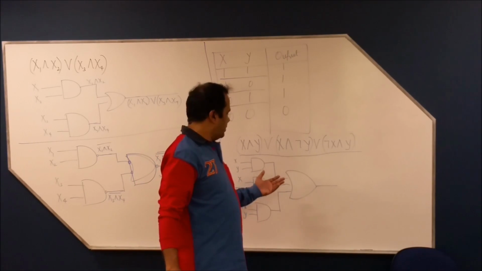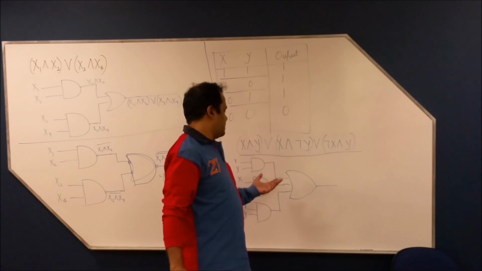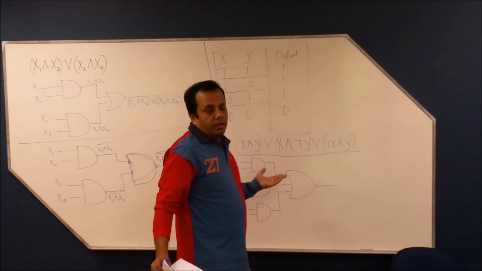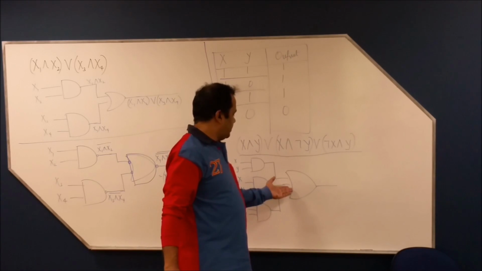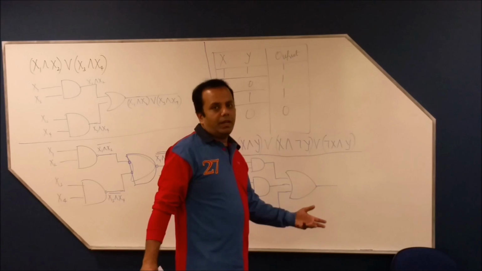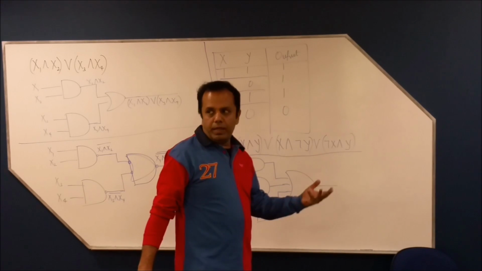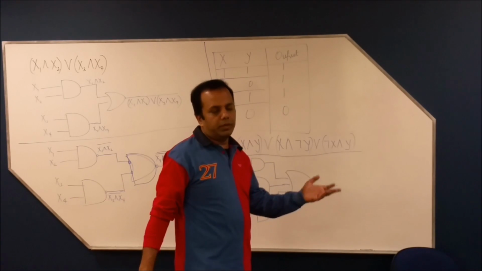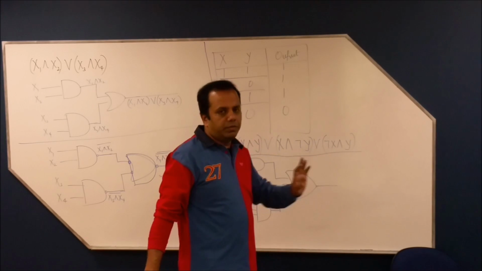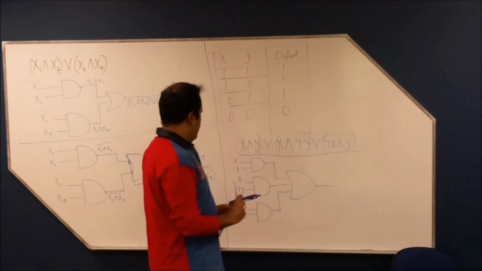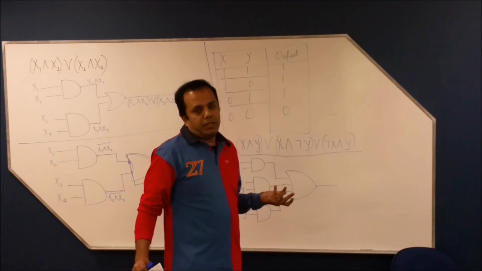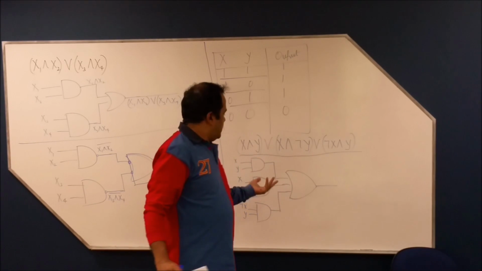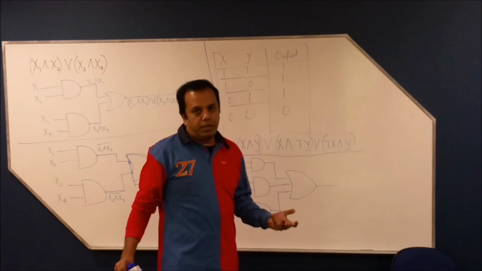Of course, we can clearly see that an OR gate with 3 inputs can be realized using a few OR gates with 2 inputs. It's an easy exercise because the OR operation is associative.